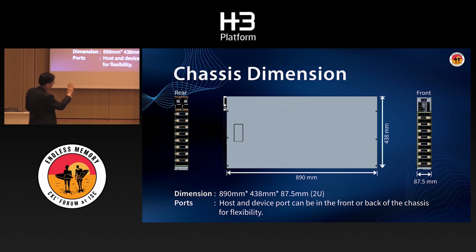And it's around 890 millimeters deep, so it could fit into a 1 meter rack. And you can connect either the host side or the memory side at the front, so you have 2 different ways to use it for your cooling and your host connections.